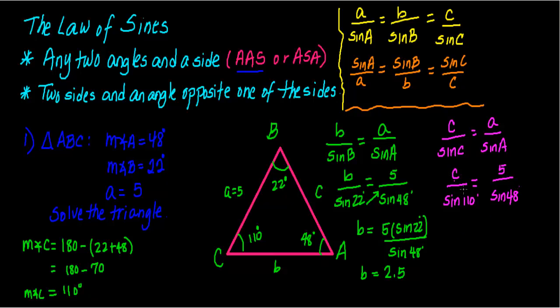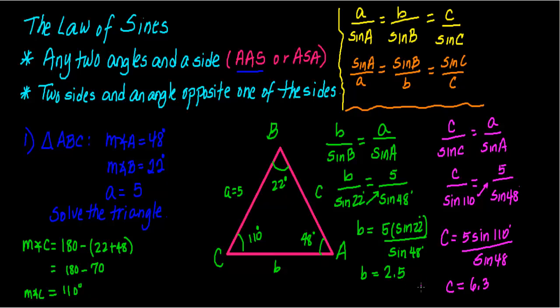So when we isolate C, again, I'm going to cross multiply here. C is going to equal 5 times the sine of 110 degrees divided by the sine of 48. And C is equal to 6.3. I wrote it with 1 decimal place.